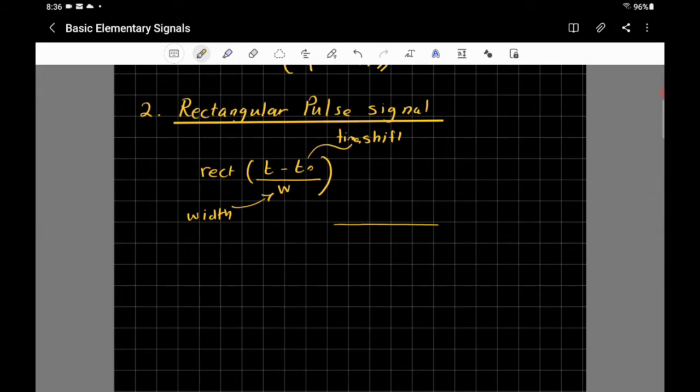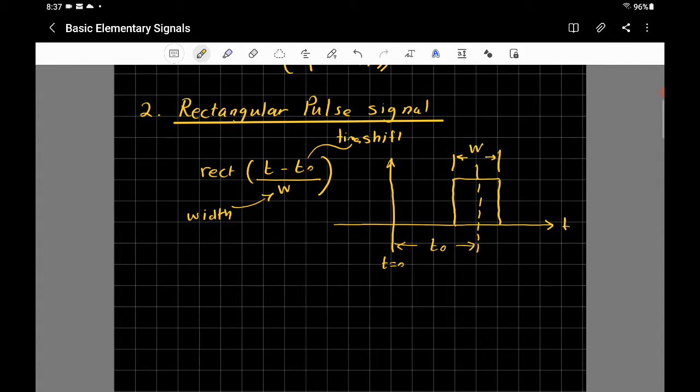In general, in the time domain, that's the time, and that's the y-axis at t equals 0. Since the rectangular function is shifted by t naught, that will be the axis of symmetry of the rectangle, and then you sketch a pulse symmetric about its own axis, and the width of this pulse is w.